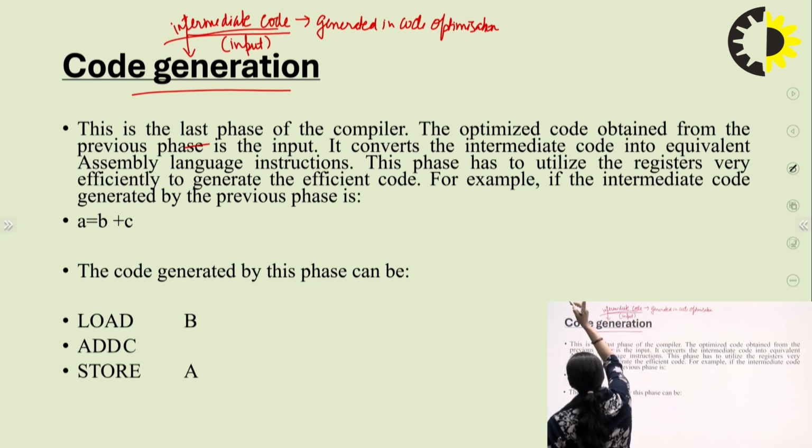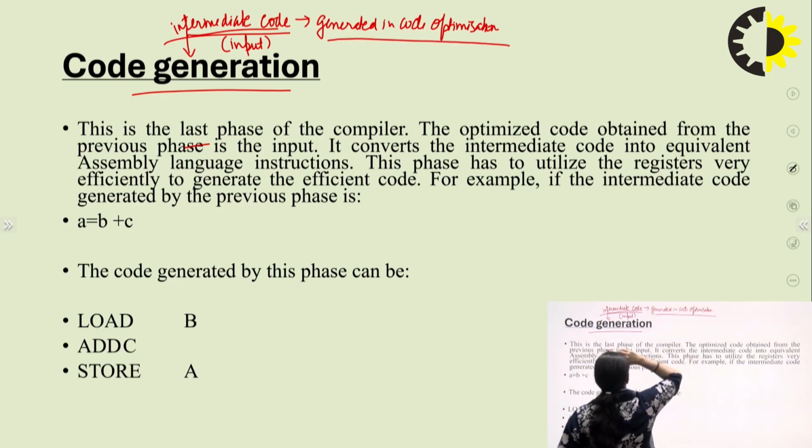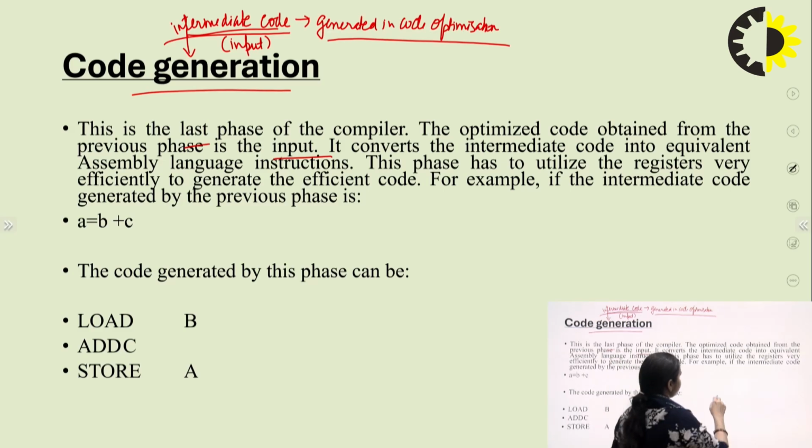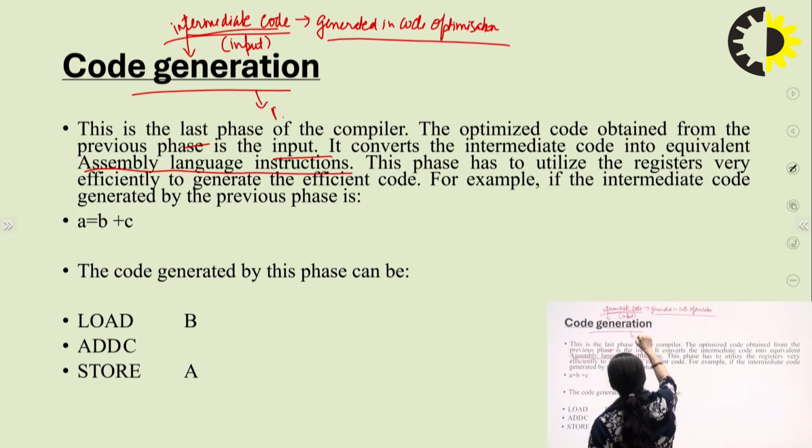Not the one from intermediate code generation, but the code generated in the code optimization phase. It converts the intermediate code into the equivalent assembly language. Now the job is to convert that intermediate code into assembly language.